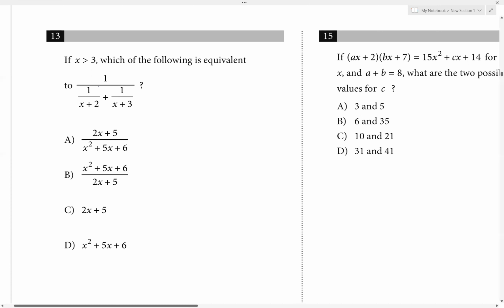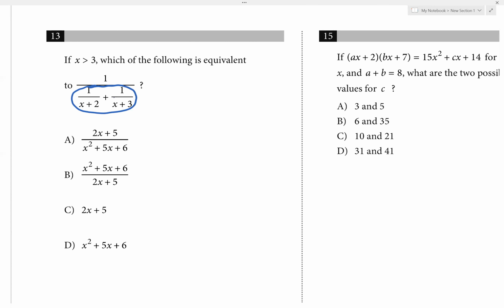Let's start with the bottom part. If you want to add these two fractions together, you have to make sure they have the same denominator. Right now the denominators are different, so that's the most difficult part about this. We can't just add them right away. We have to make sure they have the same denominator first. So what would be a common denominator?